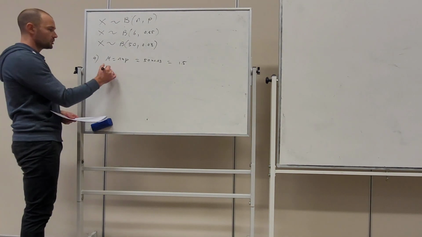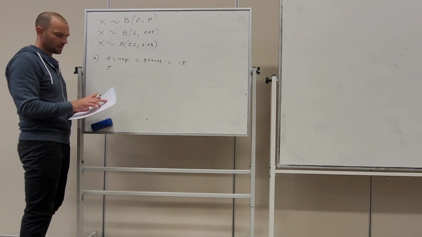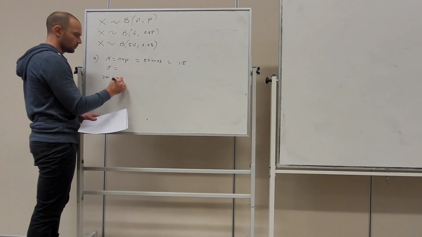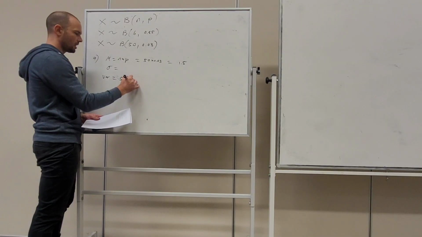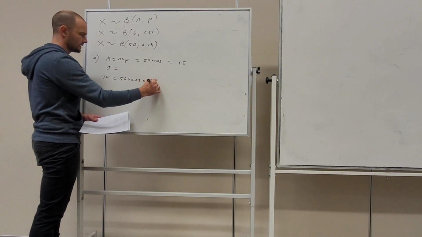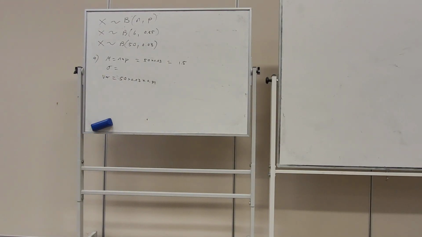For the standard deviation, it is the square root of n times p times q. I'll do the variance first and then we'll just square root it. So 50 times 0.03 times 0.97, so 1.5 times 0.97.